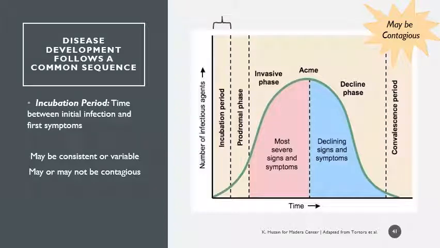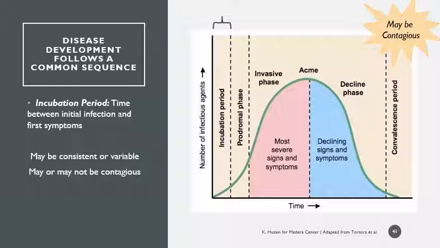is the incubation period. That's the time in between the host first becoming infected with the particular pathogen and then first displaying symptoms. So that's signs or symptoms of any sort. It doesn't have to be unique or special for this particular infection.